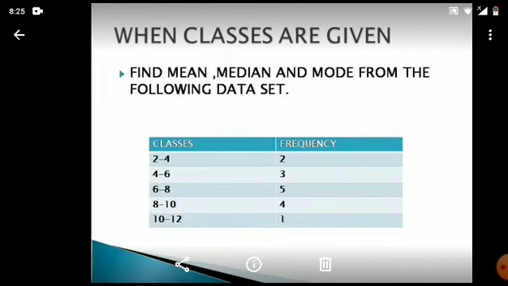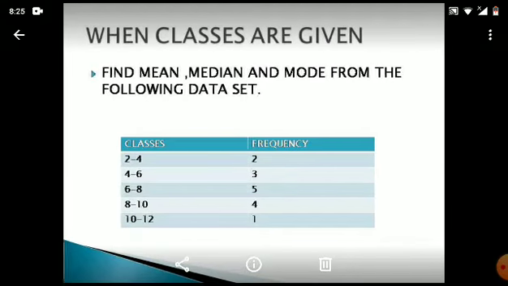Now look at the classes: 2, 4, 4, 6, 6, 8. You can see that the upper class boundary of the previous class coincides with the lower class boundary of the next class. So there is an overlapping. So you can conclude that you have class boundaries given in this case.